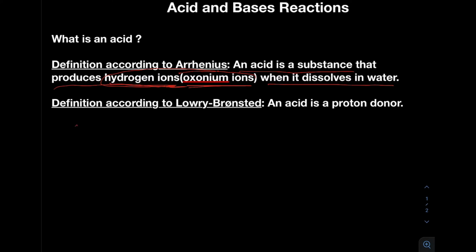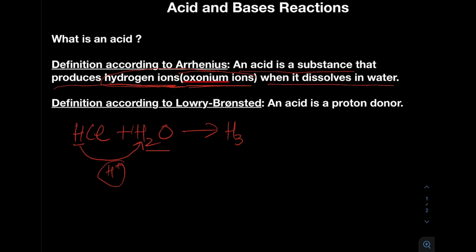Let's take one of the common acids, hydrogen chloride. We dissolve it in water. So when we dissolve it in water, what's going to happen? An acid is going to donate its proton, carried by hydrogen. The water is going to accept that, and then it's going to give us H3O. Now this water has taken the hydrogen ion, so there will be 3 hydrogens with an oxygen and the net positive charge.